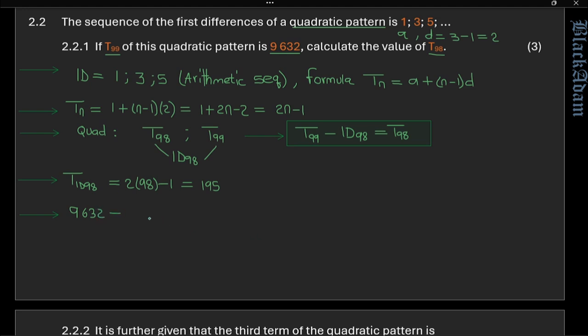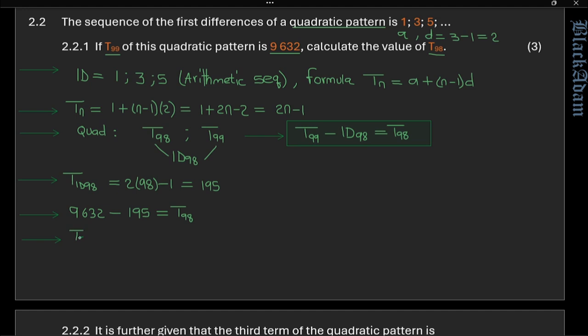So that is going to be 9632 minus the first difference 98, so that's going to be 195. That's the answer that we found above, and then that is going to be T98.